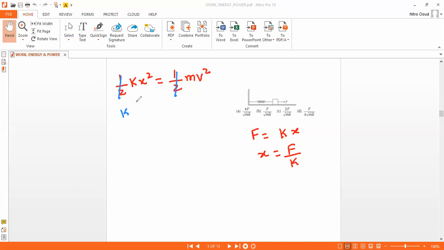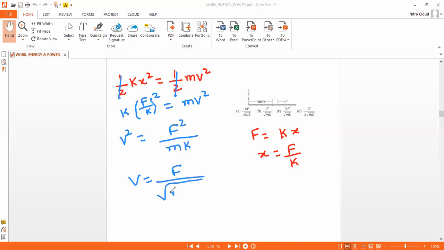Why I'm writing F by K, I will tell. Here Kx means I can write Fx, but why I'm not writing that, I will tell. Whole square is equal to mv square. So v square equal to f square by mk. So v equal to f by root under mk. That is option B. Here I am applying the force for both spring and block, and the force is constant.